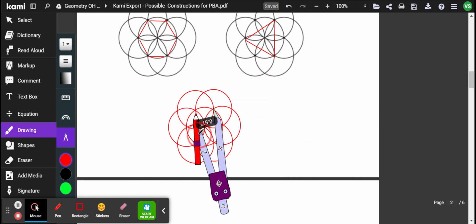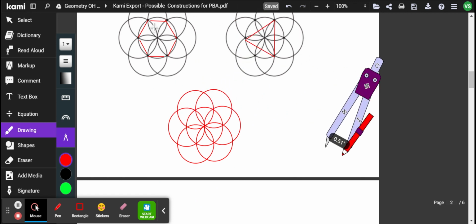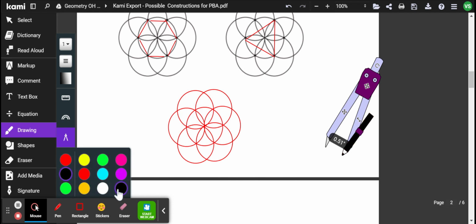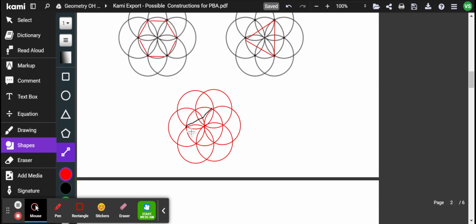So this is how you make that figure, so that we can construct these hexagon and equilateral triangles. I can connect these intersections now to make my, that didn't go well. Let's see here. How do I take that off?